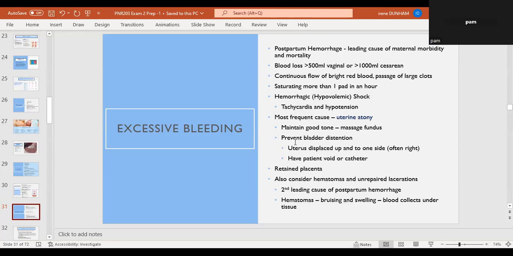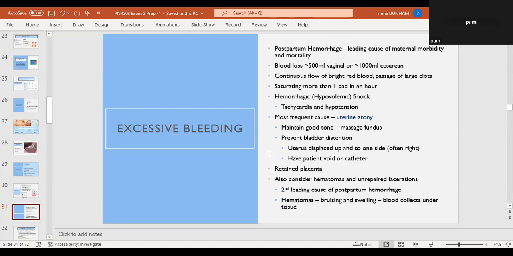Okay, and you also have to prevent that bladder distension that we talked about, because bladder distension causes more bleeding. So the uterus is displaced over to the side. It's often on the right side, so that's why I always said deviate over to the right. And so what are you going to do? Well, you're going to try to get her to void, but if she's really hypotensive, I don't want her to get out of bed, so I probably use a catheter.